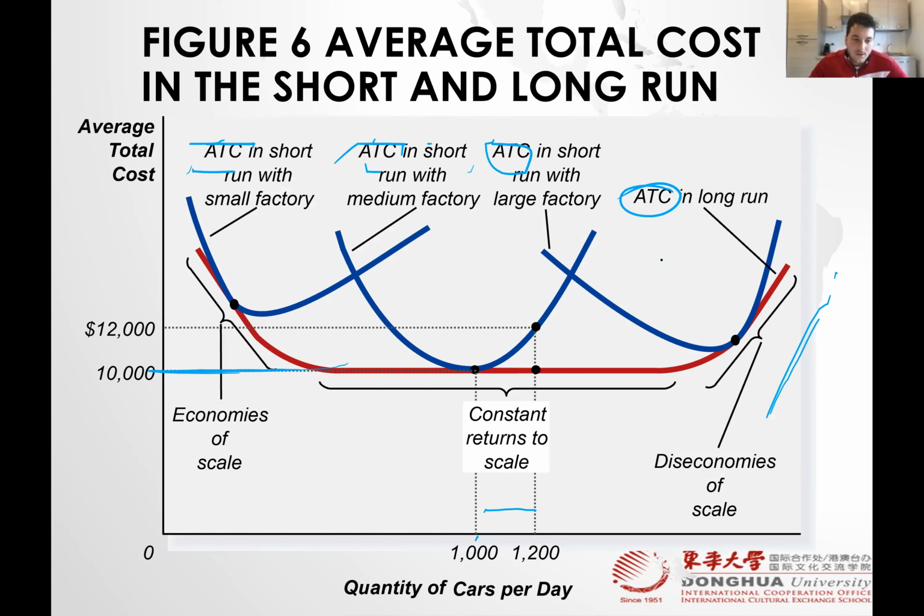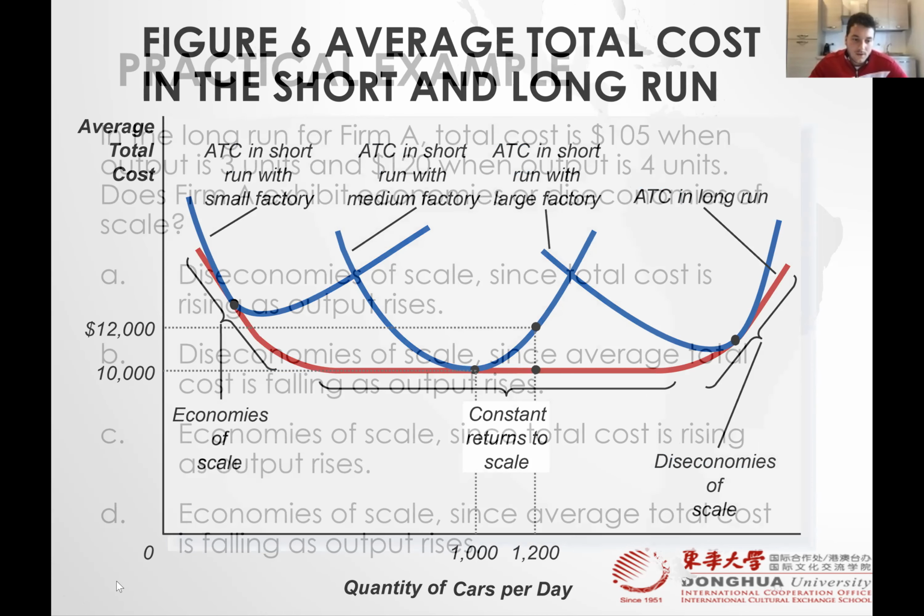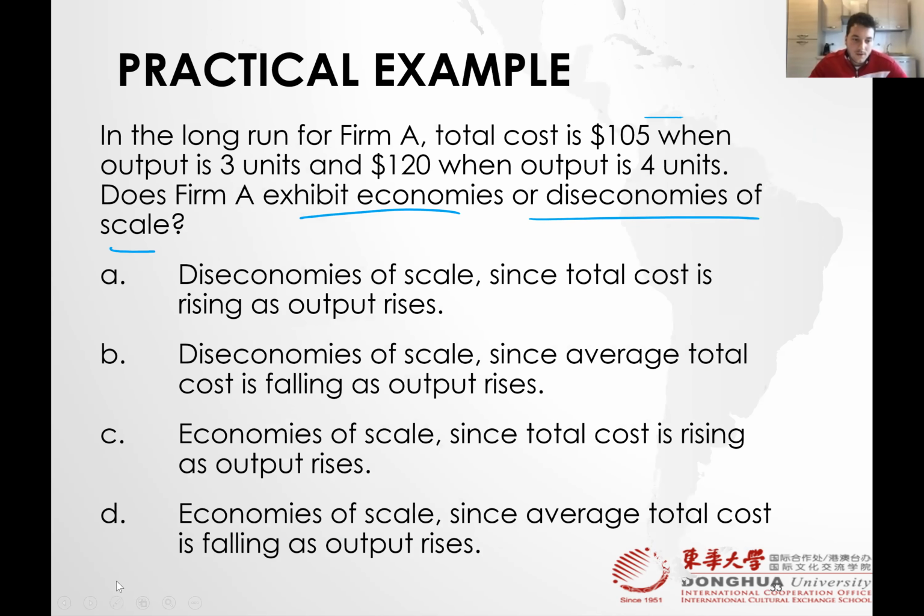This is long run average total cost. Now let's read the question one more time. Here the question is silent, so you need to be very careful about what type of cost you are talking about.